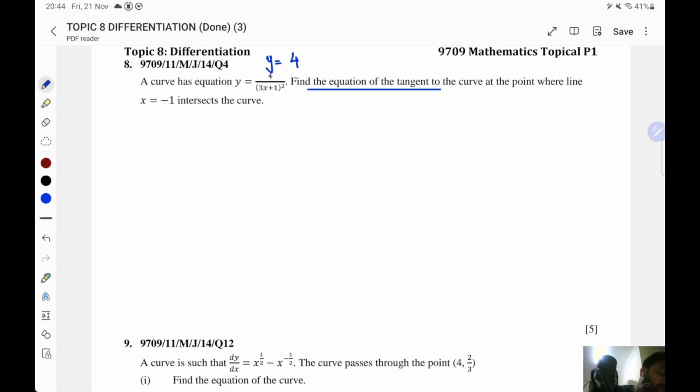For finding the equation of the straight line, we need two things: one is the gradient, and the other is the coordinates of the point.